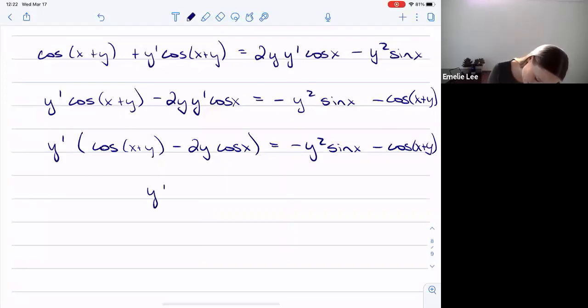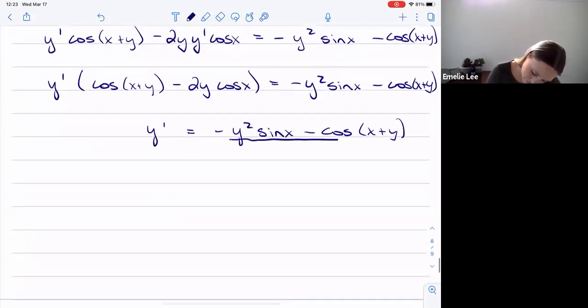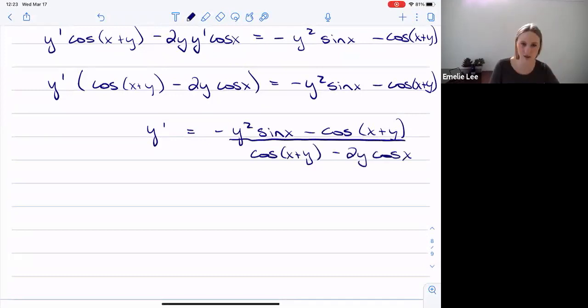So here we go. Y prime is negative y squared sin x minus cos(x + y), divided by cos(x + y) minus 2y cos x. And I actually don't see anything that I could simplify here, so I'm just going to leave it. But I will put a smiley face because that was hard, right? It was long.